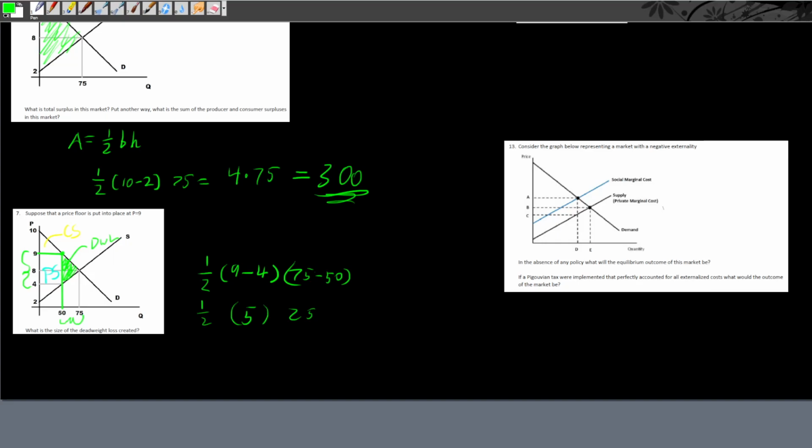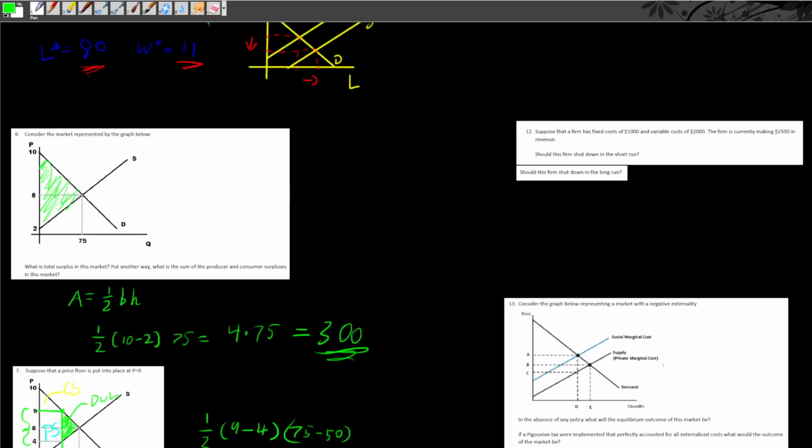So 5 times 25 is 125, so we still have to take care of the half, and dividing that in half, we end up with 62.5. And so we know that the deadweight loss is 62.5, which means that there's 62.5 fewer dollars of consumer and producer surplus with the price floor in place than without it in place.